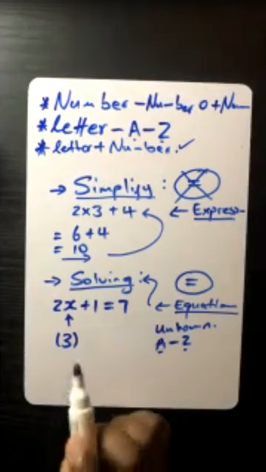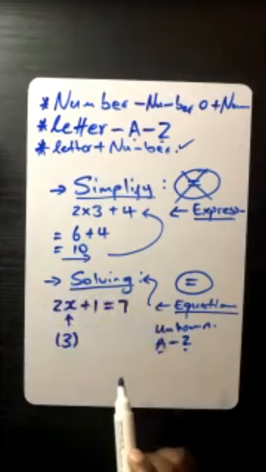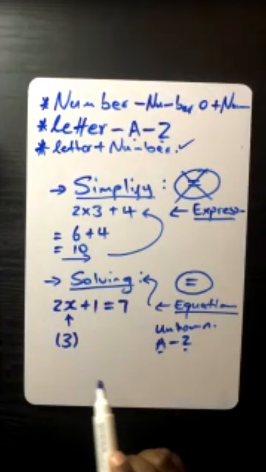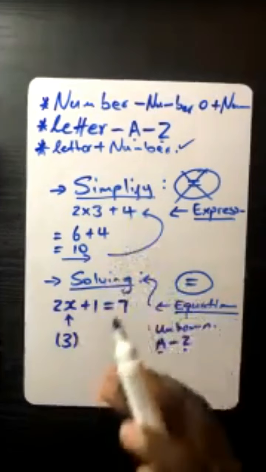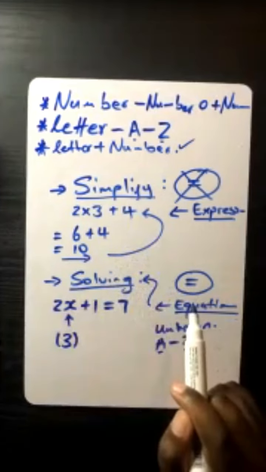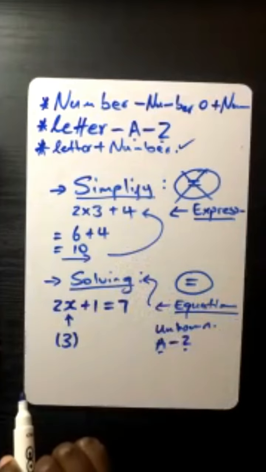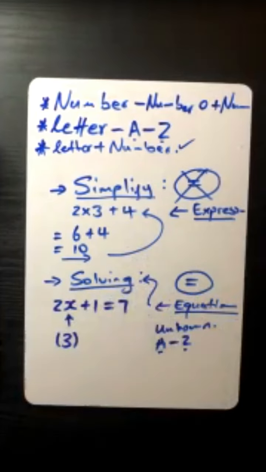Okay, so in some cases, you might find that you've got a very complicated equation, whereby you need to follow mathematical procedure in order to find the actual value of the unknown. In this case, I've just given you a very simple equation to solve.